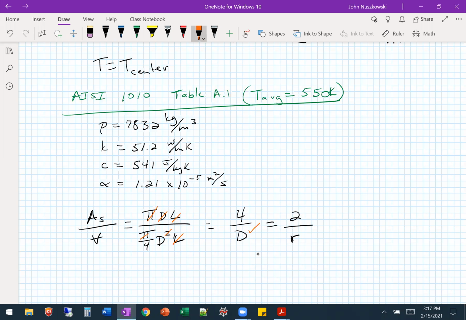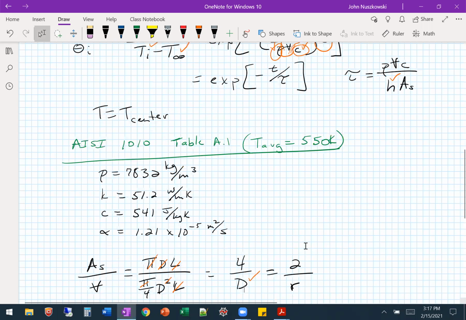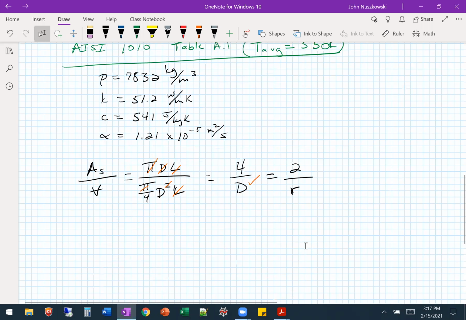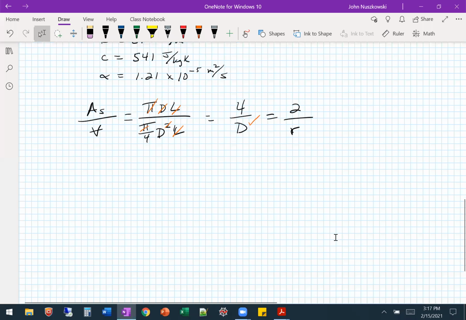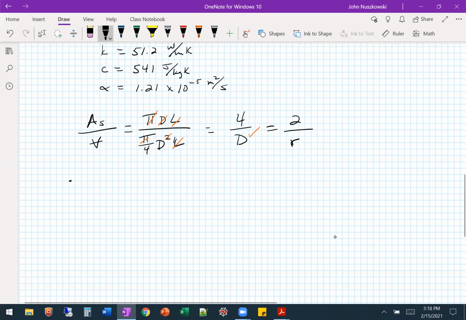So we have diameter. If we plug this all in, that means we got everything, and we can just solve for time. So we get a time of 8:59 seconds.